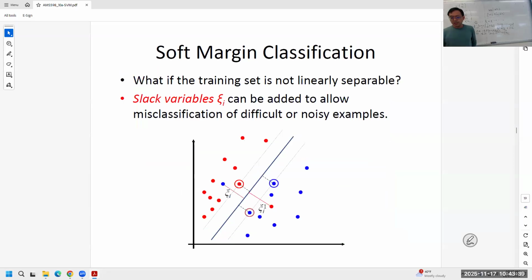So now look at this. The psi essentially is the distance for the points. If you see the blue points, if a point is on the correct side, like those below the separator, its psi basically has to be equal to 0. If it's on the other side, then psi should be the distance of this blue point to its boundary.